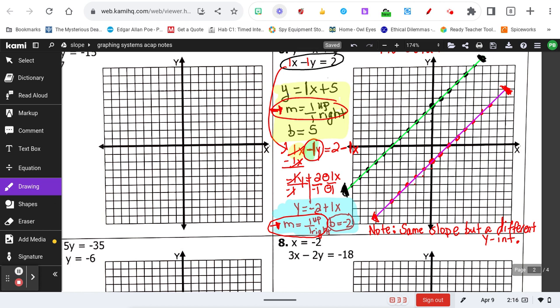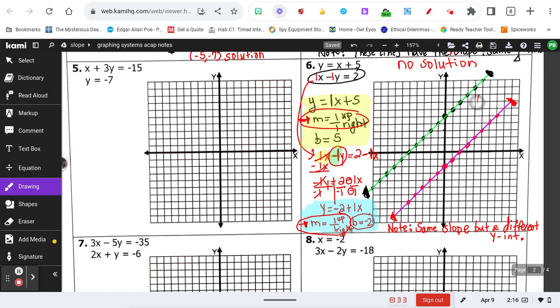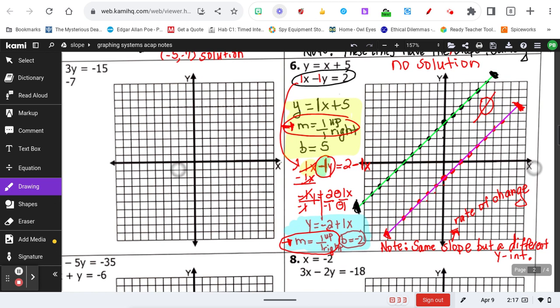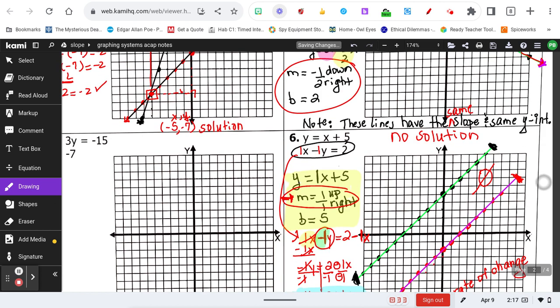So when they have the same slope but a different y-intercept, you will end up with no solution because they never meet. Another word for slope, guys, is unit rate, but you will also see rate of change. Please make sure you write that down. If the rates of change or the slopes are the same but different y-intercept, there's no solution.